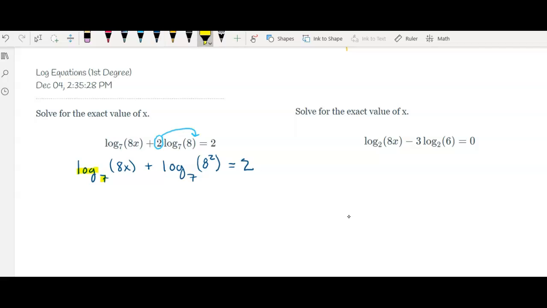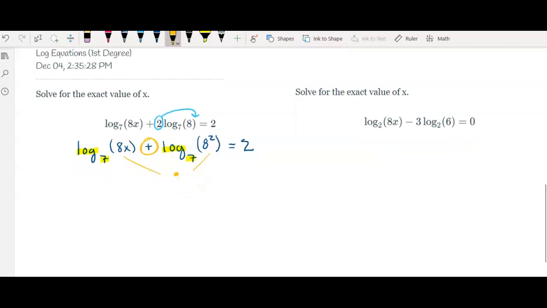And now I have log base 7 and log base 7. And since I'm adding, I can multiply the arguments together. So I'm going to make 2 log base 7s added together into 1 log base 7.